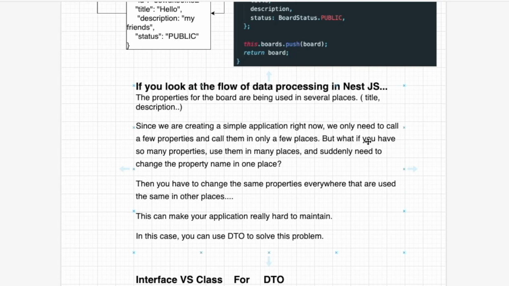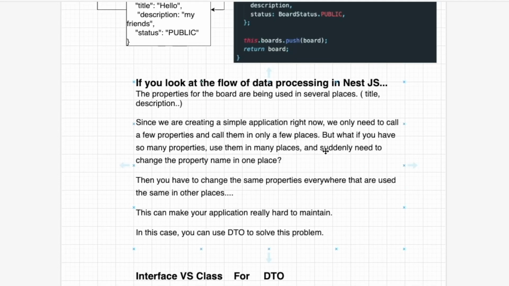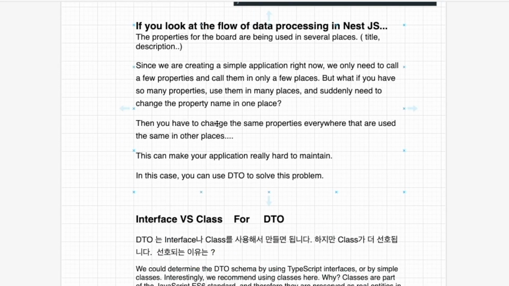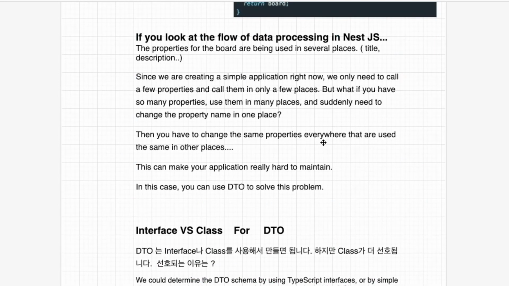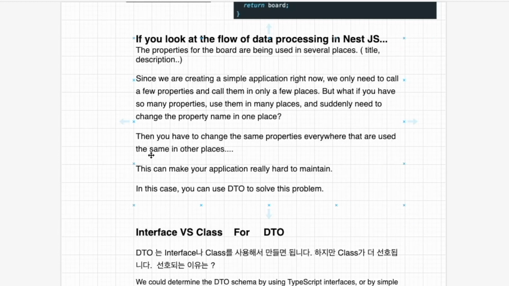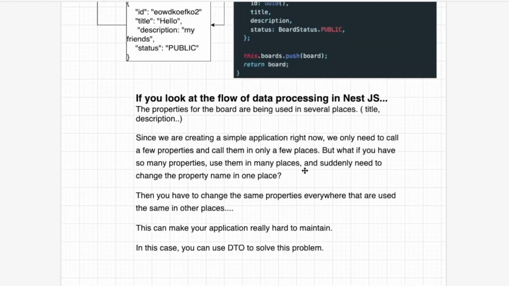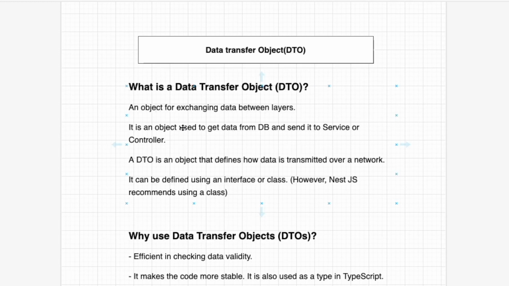But what if you have so many property, use them in many places, and suddenly need to change the property name in one place? Then you have to change the same property everywhere that are used the same in other places. This can make your application really hard to maintain. In this case, you can use DTO to solve this problem. So in our next video, we are going to create the DTO and apply to our application.